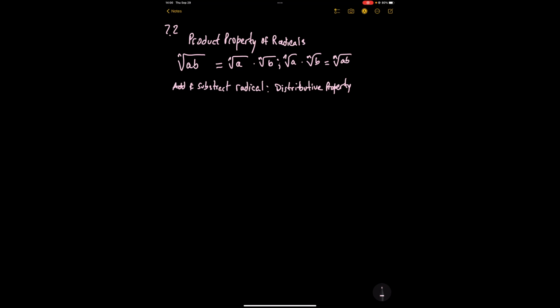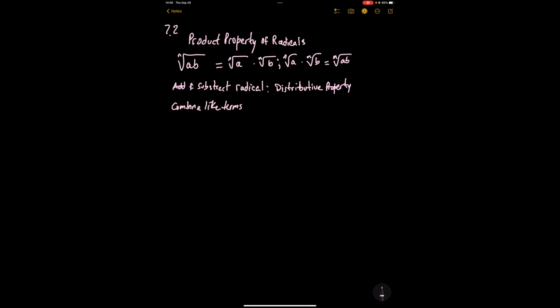So when we talk about this, it means that if each radicand is different, you need to make them become the same radicand. How do we get that part? You need to do what we call combine like terms.